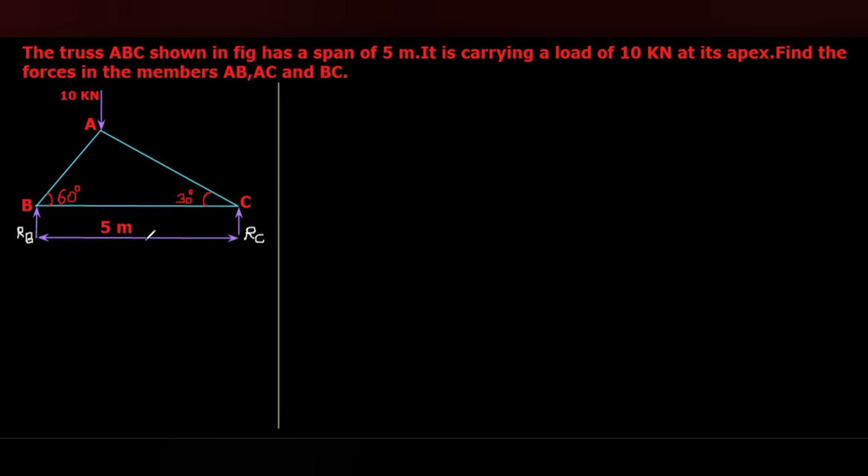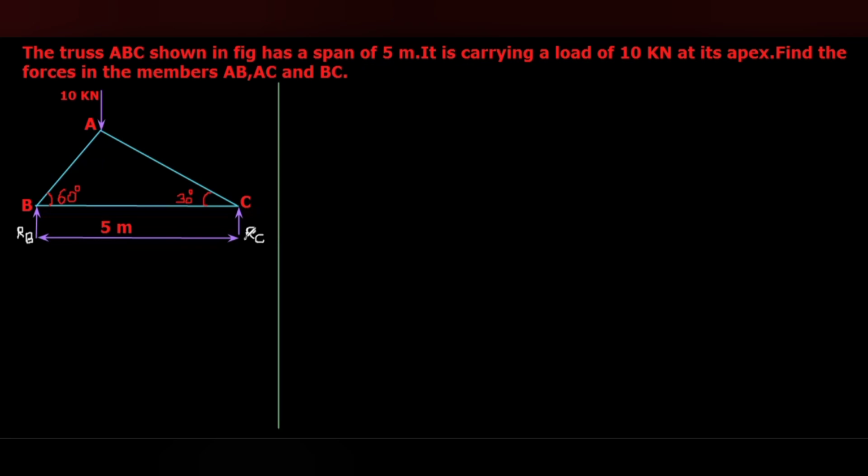Okay. So here we can consider there are 3 point loads acting. At point A, 10 kilonewton. Point B, the upward reaction force RB is acting. Point C, the upward reaction force RC is acting. Okay. So the first thing we have to calculate is the reaction values RB and RC.